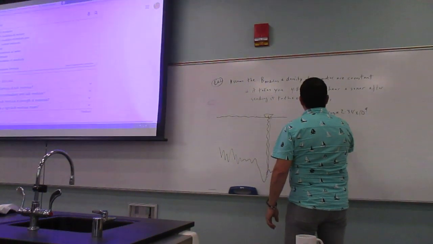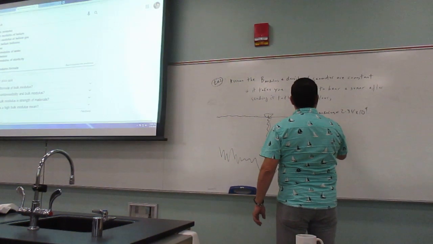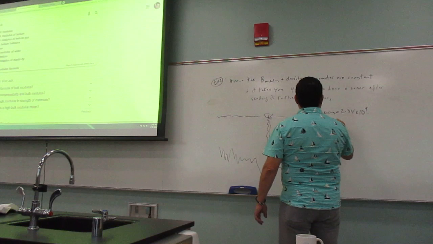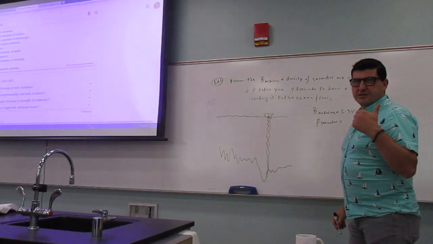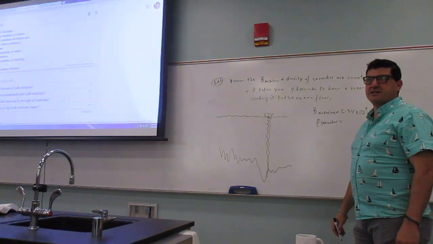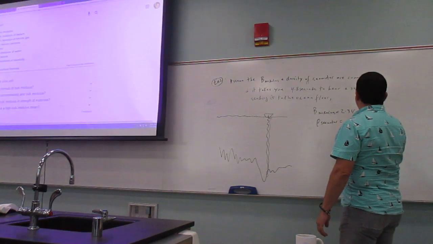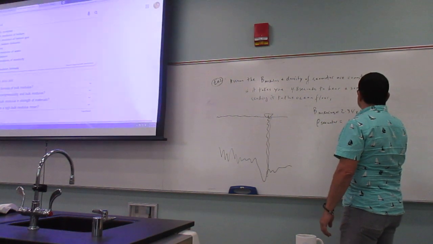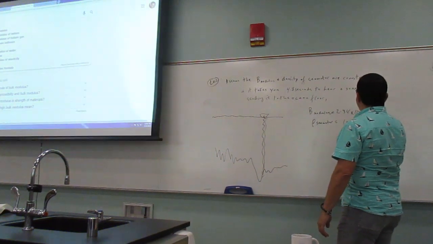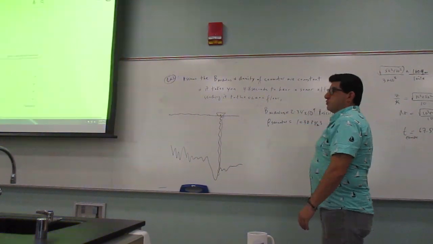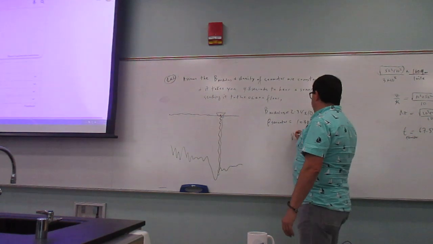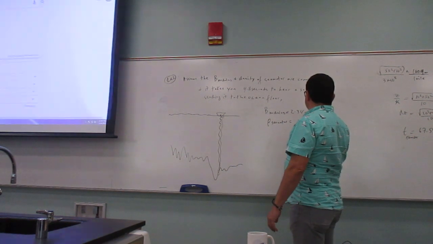And then we know the density of seawater, back from the Archimedes' chapter, remember it was denser than regular water. So 1,030 kilogram per cubic meter. This is pascals. So we calculate the velocity of the sound in seawater.